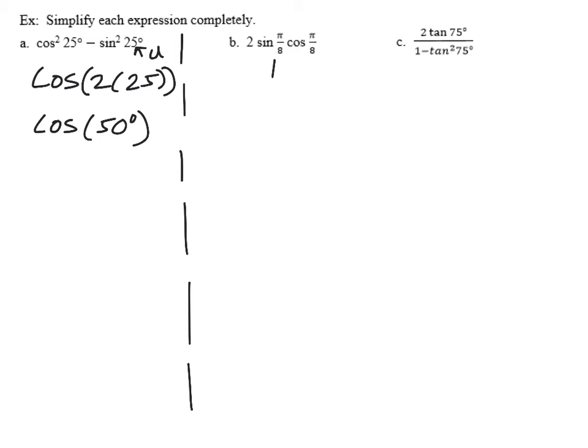All right, again, right here, pi over 8 would be my u. So now I'm looking at, okay, which equation does that fit? 2 sine u cosine u. I believe that equals sine of 2u.